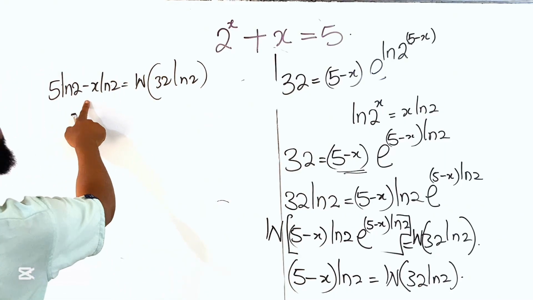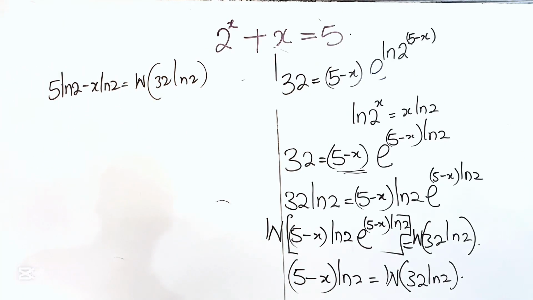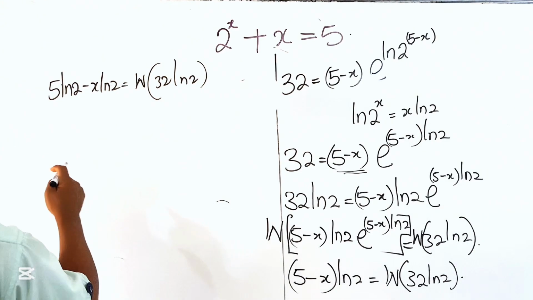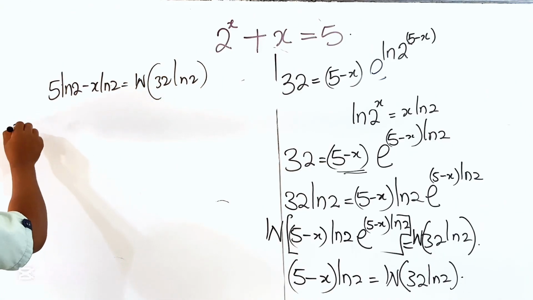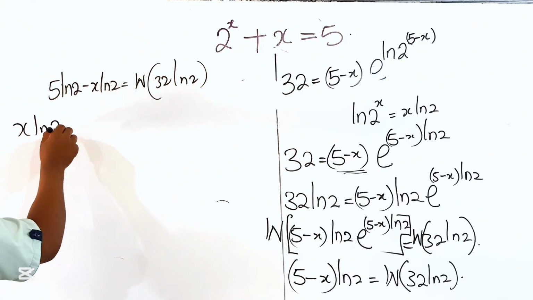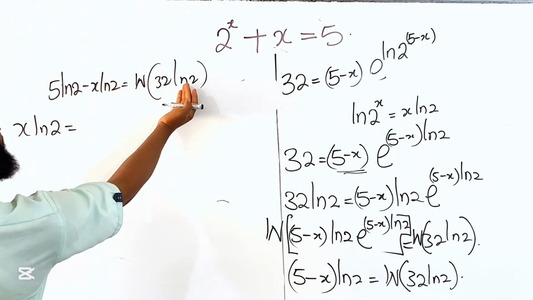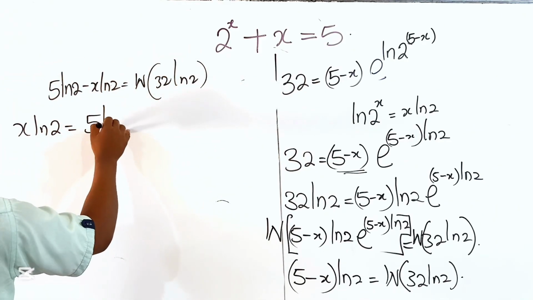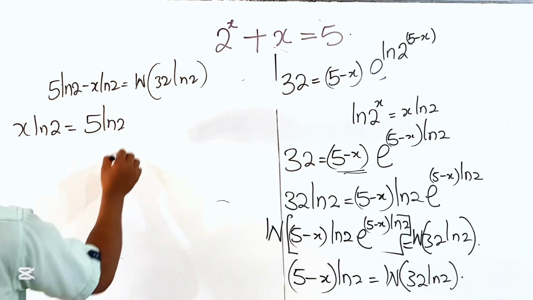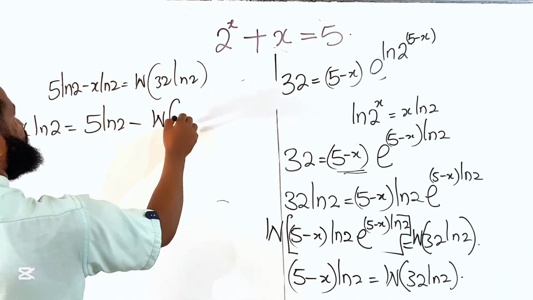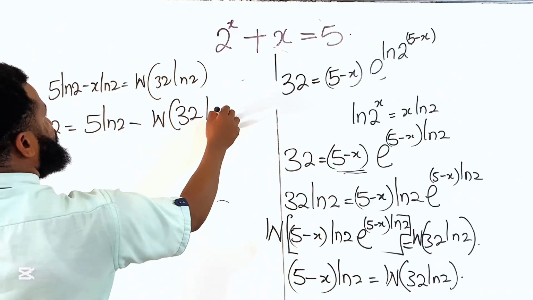So if I open the bracket, I'm going to have that x ln 2 is going to be equal to, carry this to this side, bring this here, I'm going to have 5 ln 2 minus W of 32 ln 2.